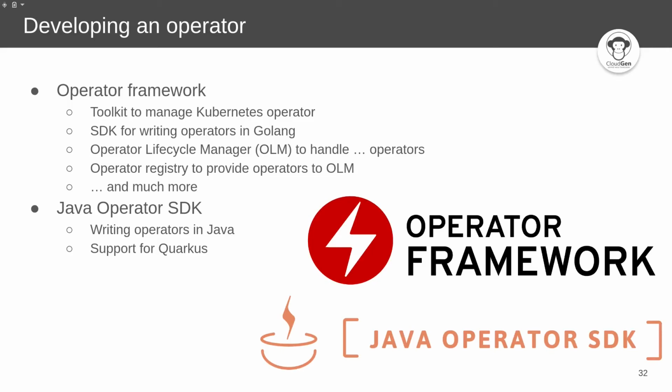For people who don't know Golang, there is even a Java operator SDK which has made a lot of progress, mostly in the last year. I have used it for some projects. You can write your operators in Java, and it also supports a Quarkus extension. So Quarkus, for people who don't know, is a Kubernetes-oriented Java stack.